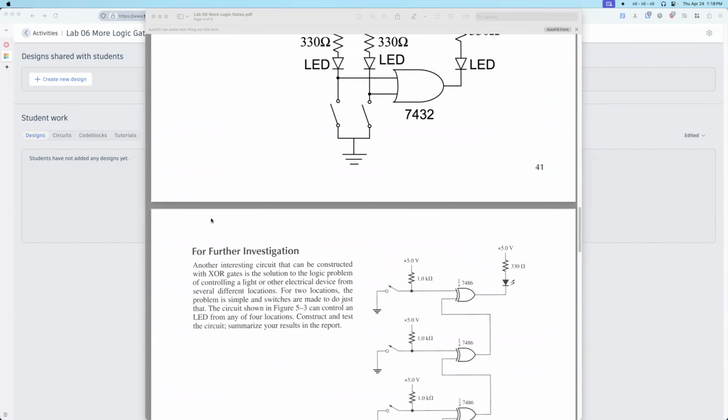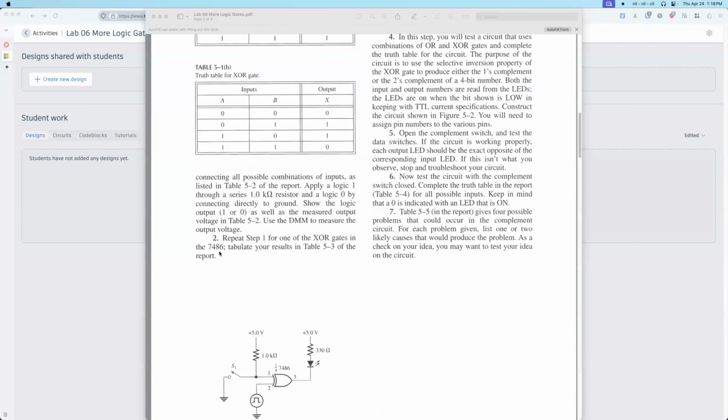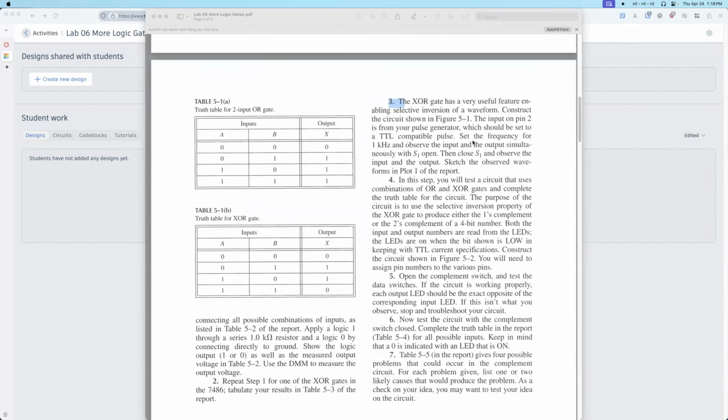The square wave is 1 kilohertz. And for the magnitude, you could use 2, 4, or 5 volts, not greater than 5 volts, because for the chip, usually the maximum input voltage is 5 volts.